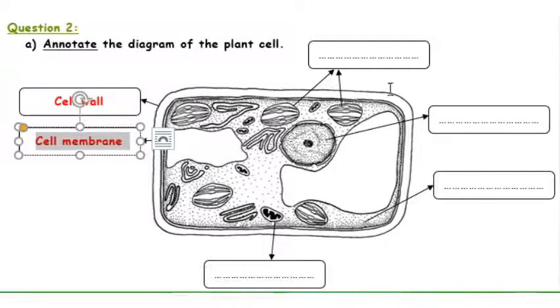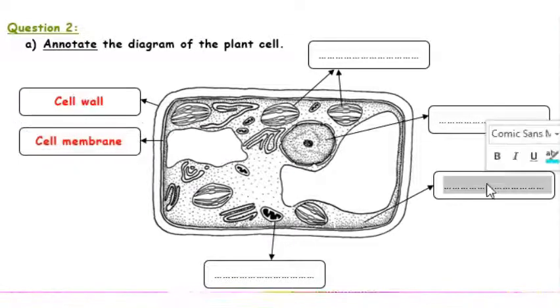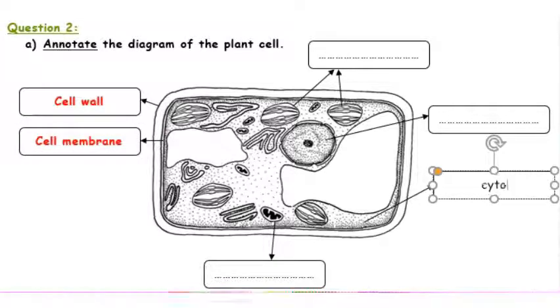Let's see, where is the cytoplasm? It's the inside of the cell. Here it is. So the cytoplasm is mostly water. Inside it holds the organelles.